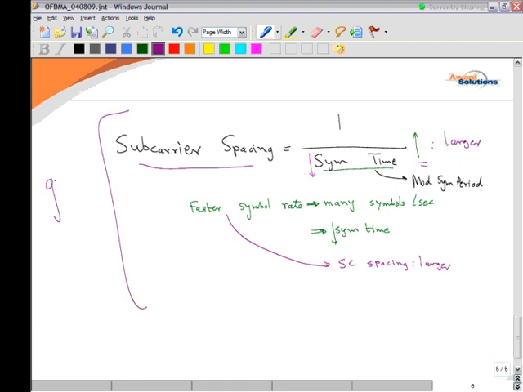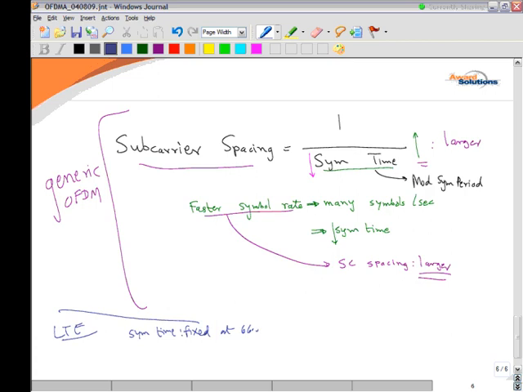So if you have faster symbol rate, your subcarrier spacing would become larger. In a generic OFDM system, if you have faster symbol rate, then effectively larger spacing. In LTE, you never touch the symbol rate. Your symbol time is always fixed at 66 microseconds.